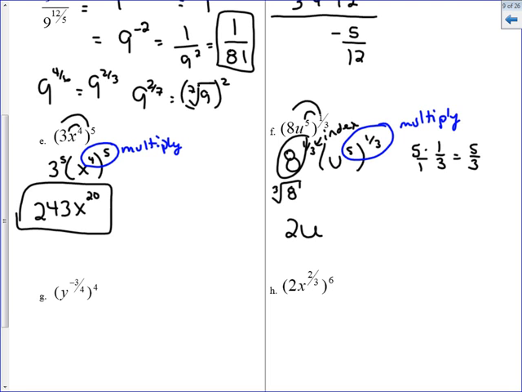So we get u to the 5/3. And again, we don't have to write variables in radical notation. We only did that for the 8 because we were simplifying our number. Questions?